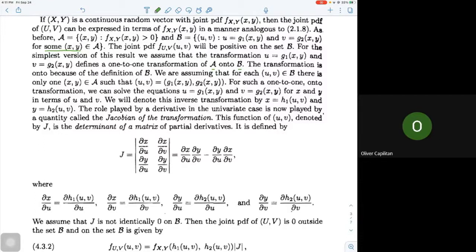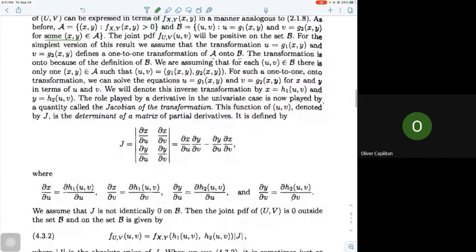In a simple expression, if f of x1 is equal to f of x2, we can show that x1 is equal to x2. Okay, so we have a one-to-one transformation from script A onto script B.